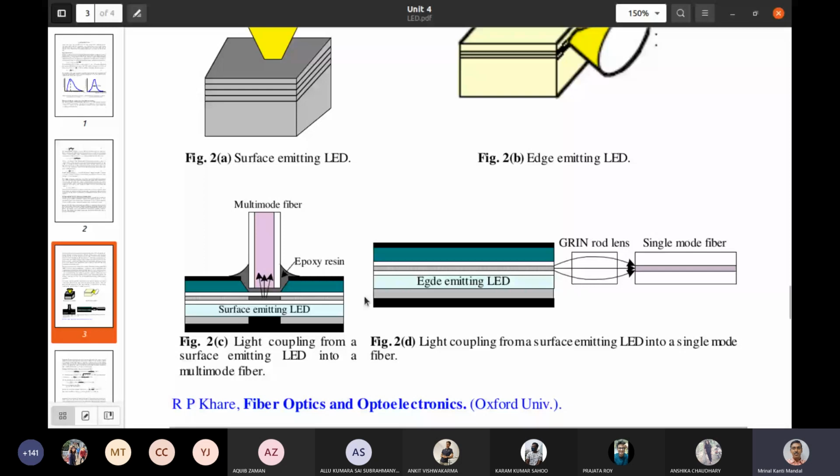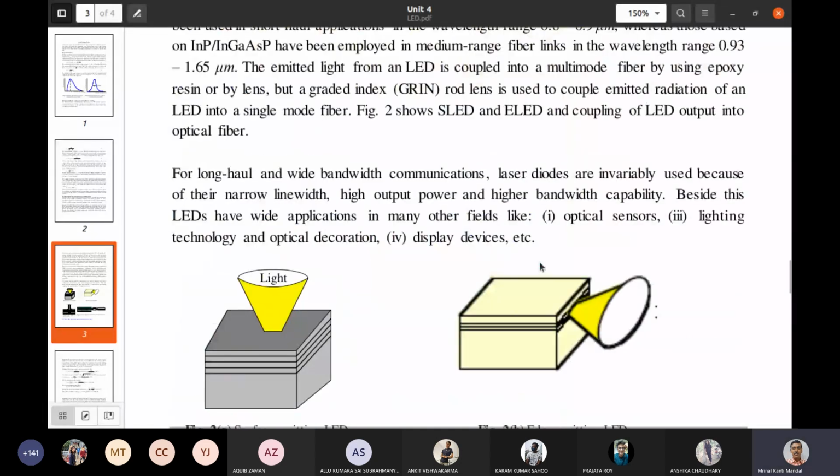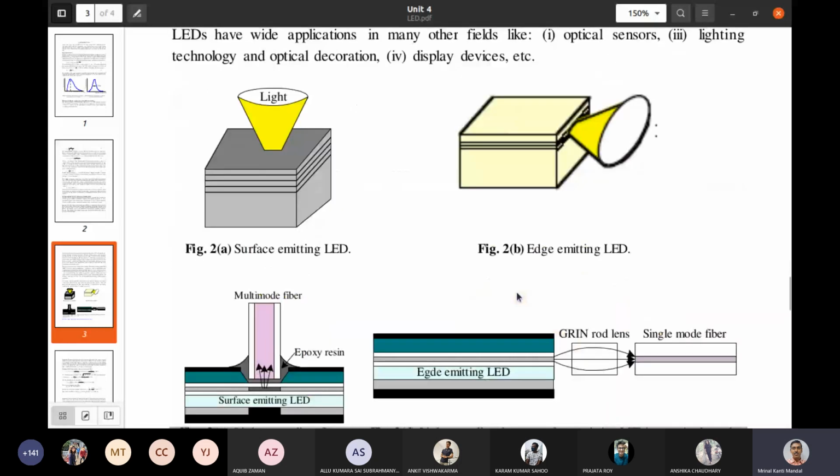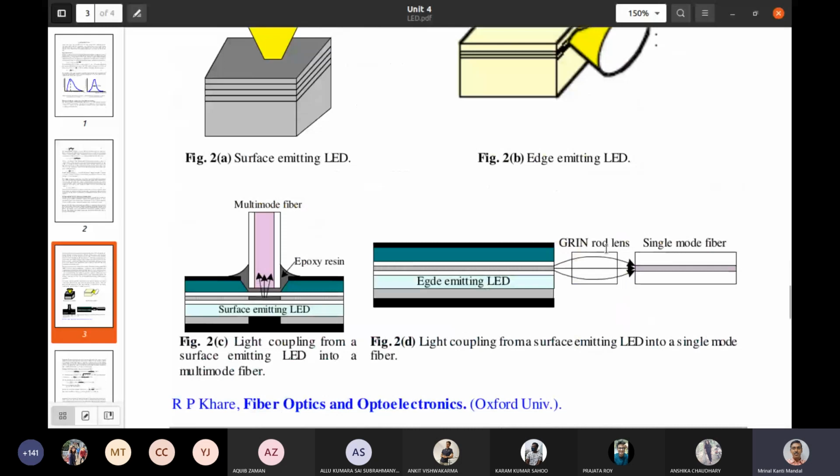When this edge emitting LED emits the radiation, then we have used a graded index rod lens, here I have mentioned graded index rod lens, and that will match the refractive indices between these two regions so that the maximum emitted light can be coupled to the fiber core in single mode fiber.